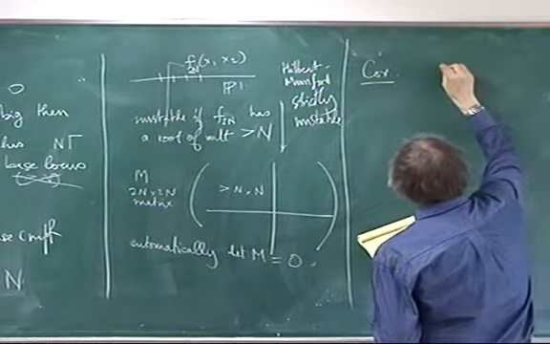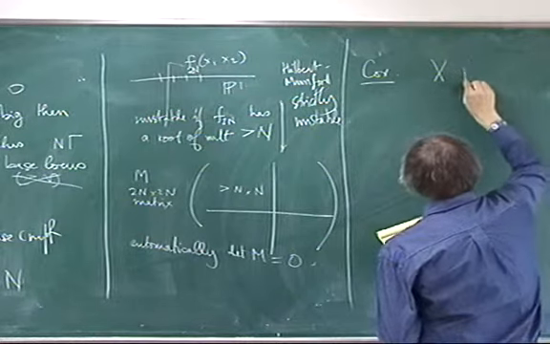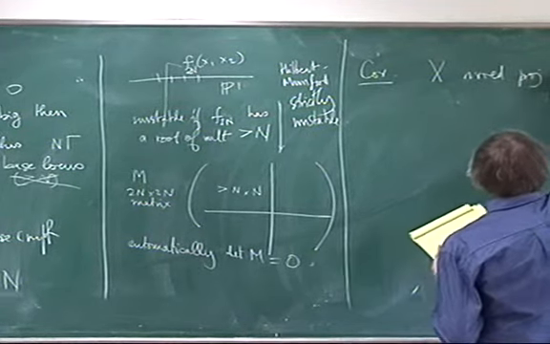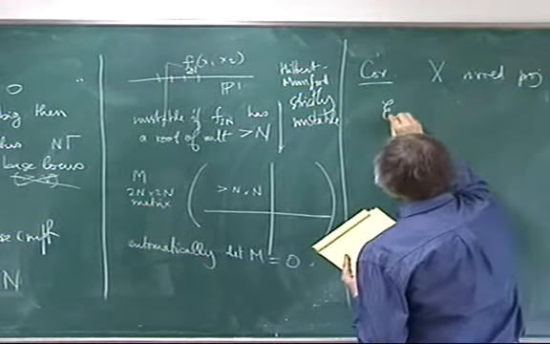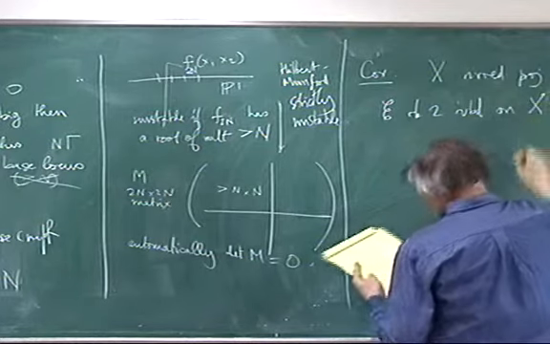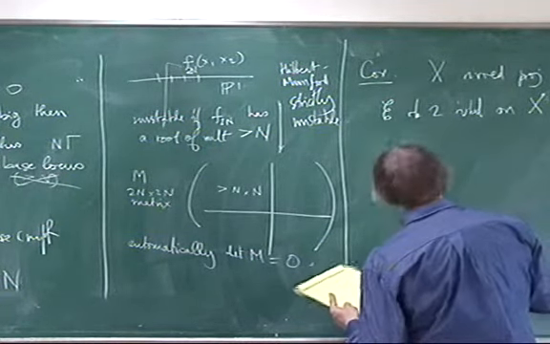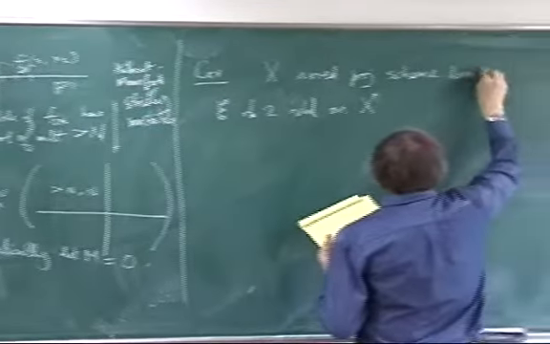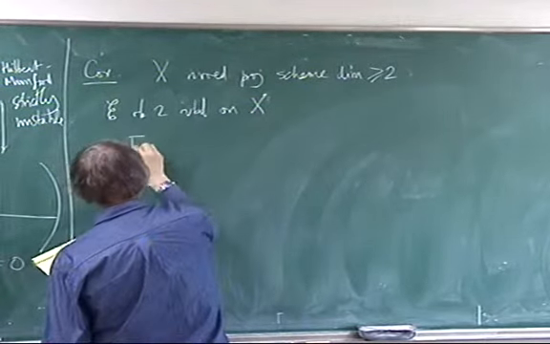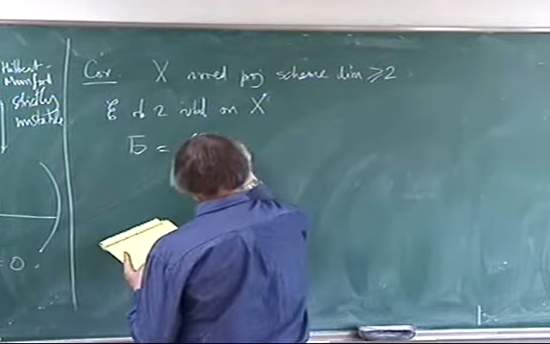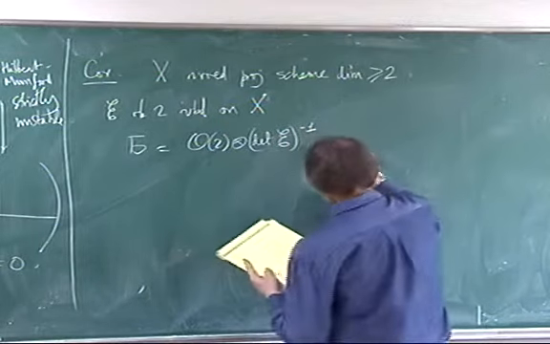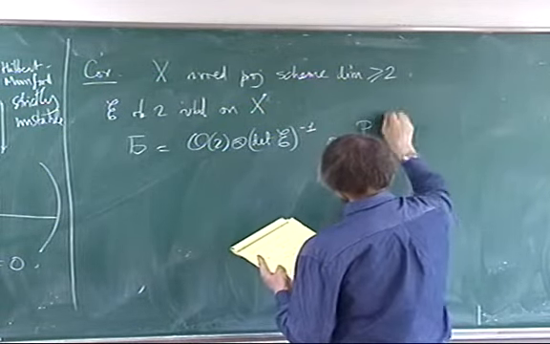If I've got X, an irreducible projective scheme, and I've got E, a rank 2 vector bundle on X, let's say of dimension greater than or equal to 2, and write B for O of 2 tensor determinant of E to the minus 1 on P(E).